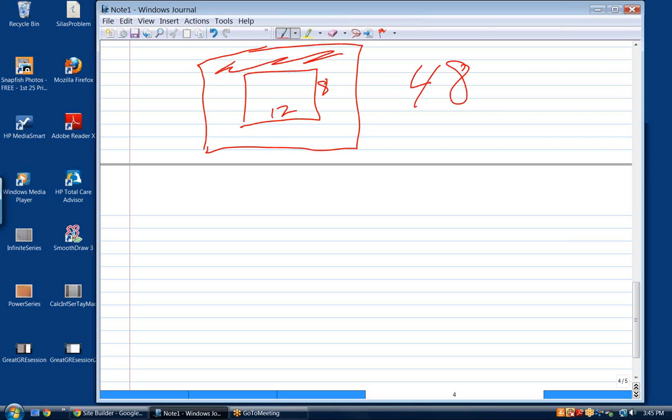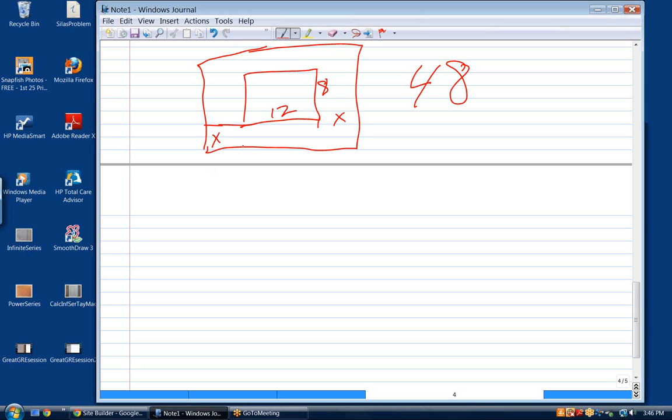So this area here is equal to 48, right? And the dimensions, we're going to call this x, and we're going to call this x. In other words, the walkway is the same width all the way around.